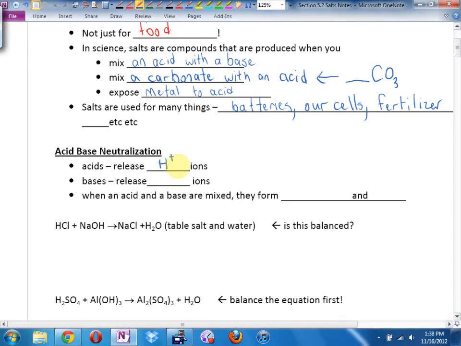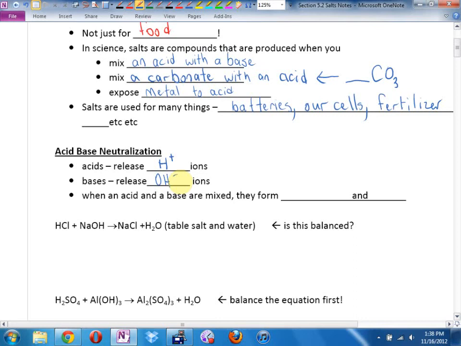And remember I said to you last day, Oscar, actually an H plus is a hydrogen minus an electron, which means it's a proton, if you really want to get fussy, but it's easier to write H plus. Bases release, what do bases end with? They release OH negative ions, hydroxide ions.